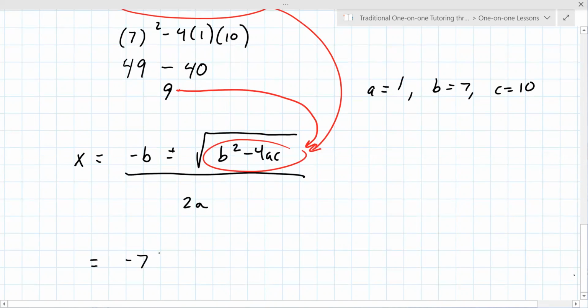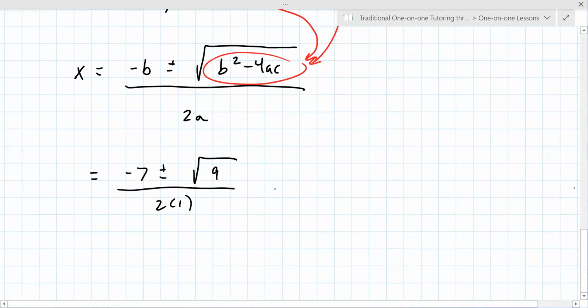Okay, so it's minus 7 plus or minus the square root of 9 over 2 times 1. What is the square root of 9?